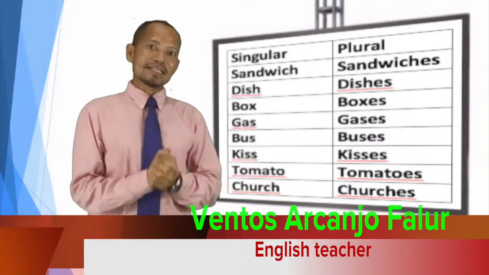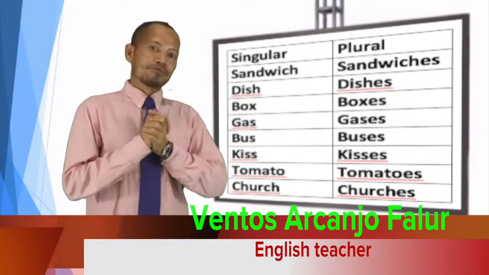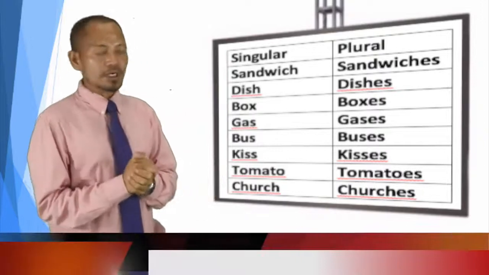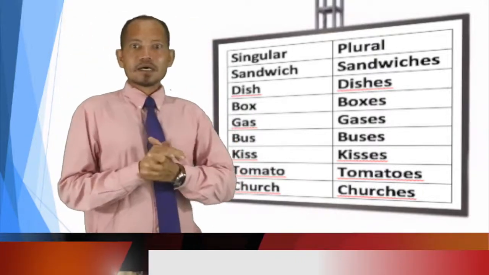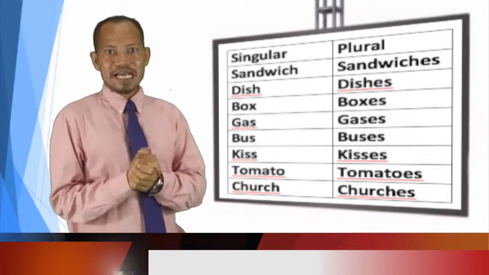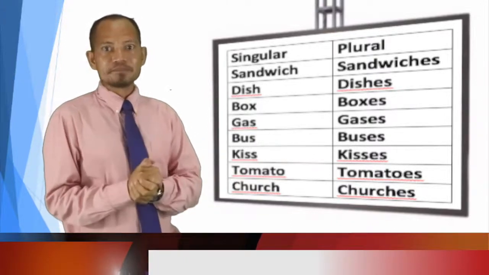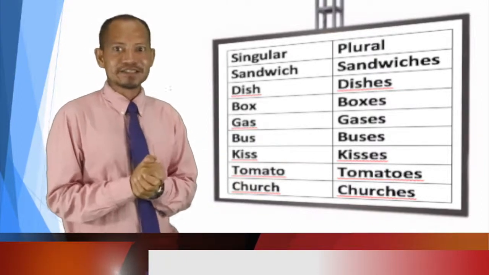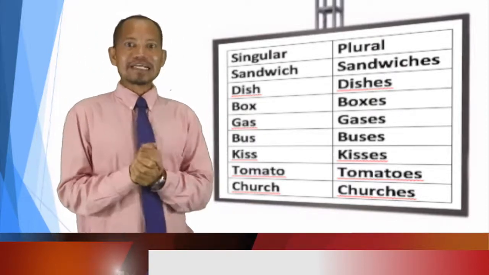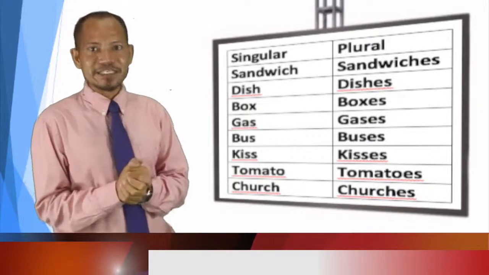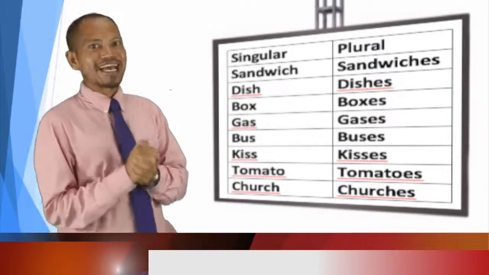Okay, as you can see in the table, the first column is about singular and the next one is for plural. Now, let's look at the first noun, sandwich. The first column ended in ch. We only have to put the es at the end of the noun sandwich to make the plural sandwiches.